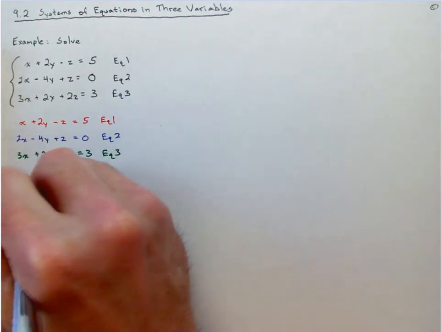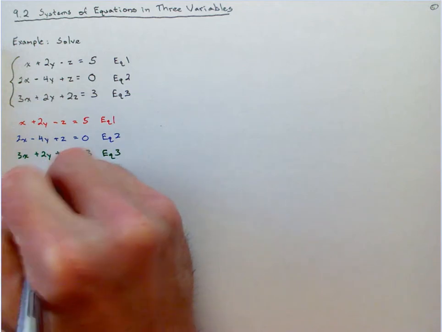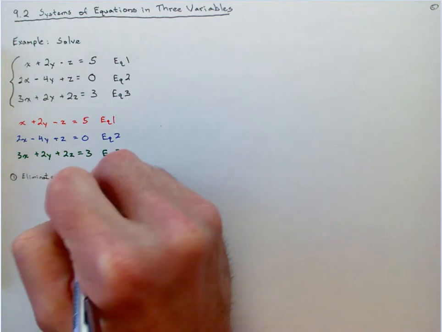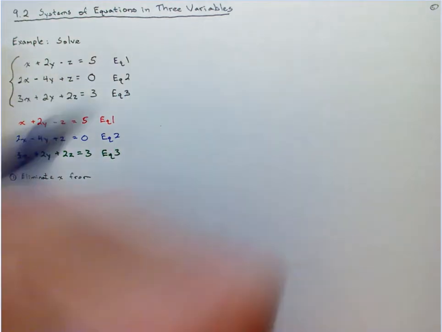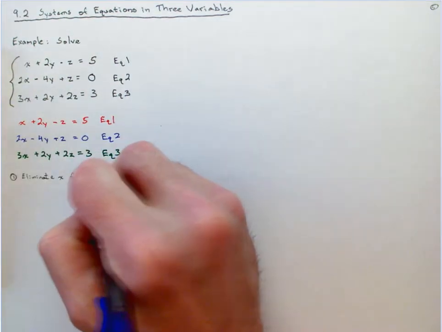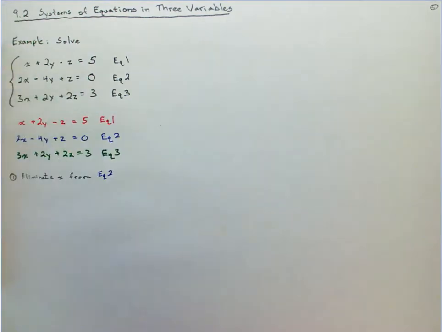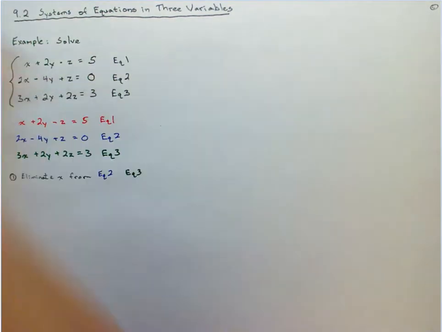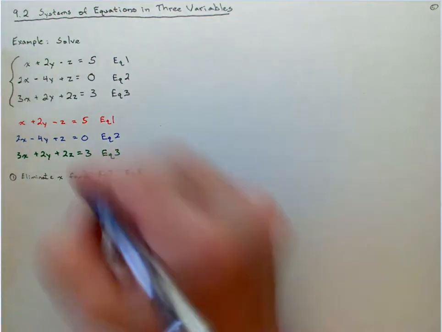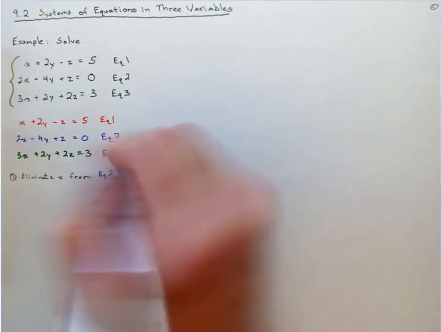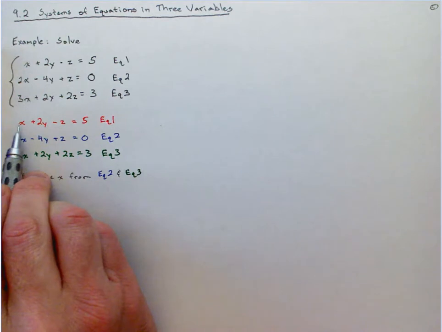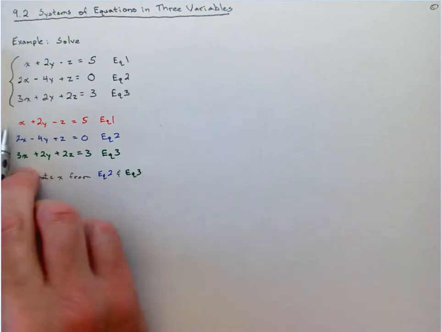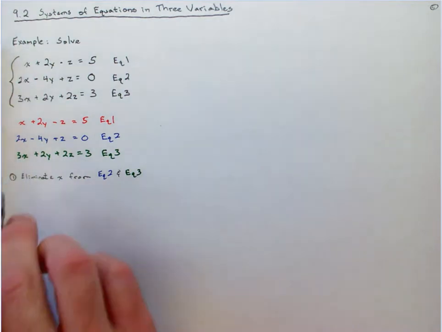I'm going to eliminate x from equation 2 and equation 3 because it's easy to deal with equation 1. Equation 1 has no coefficient on x, so it's simply multiplying by a -2 to get rid of the 2x here, and multiplying by a -3 to get rid of the 3x there.